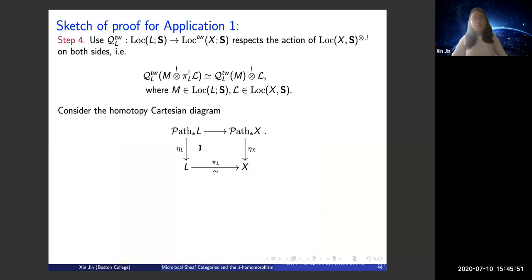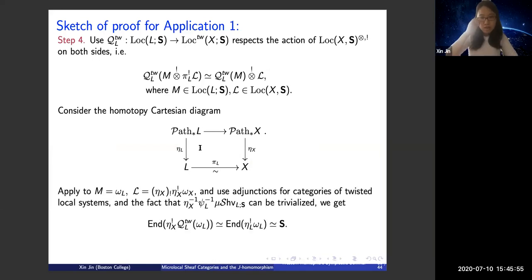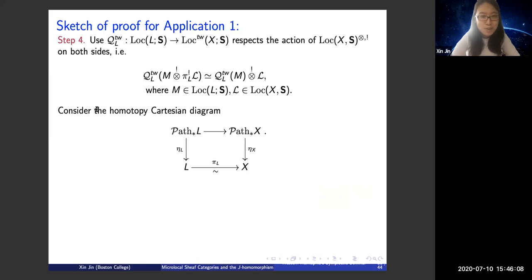And now we can do some adjunction and then compute the endomorphism. So maybe let me go from the beginning. What do we want to do? First we use the homotopy Cartesian diagram.